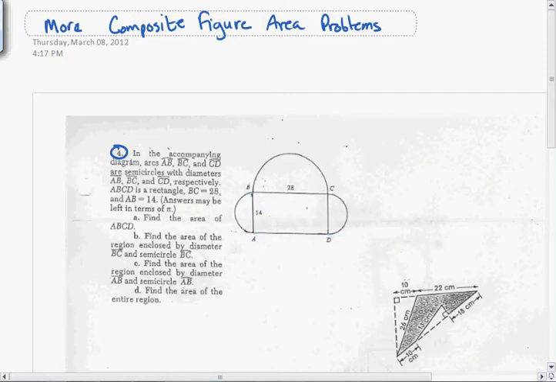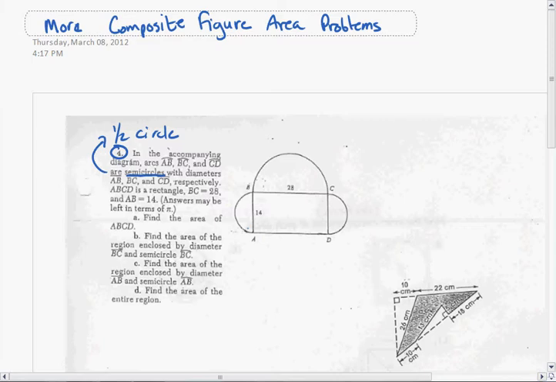So semicircle means 1/2 a circle. And it also means that the line segments CD, BC, and BA are also diameters of 3 different circles. So the sides of the rectangle are also the diameters of 3 circles.